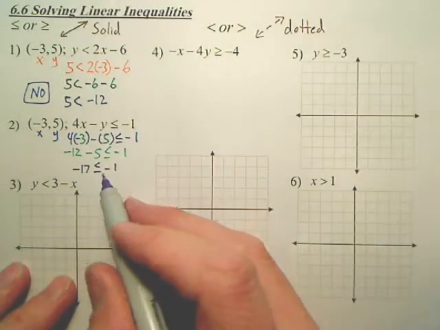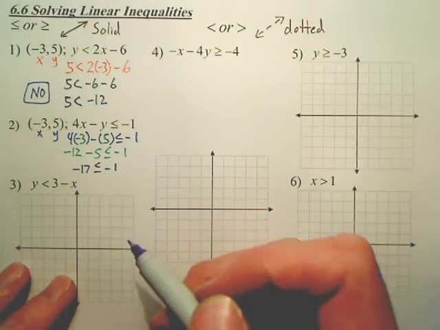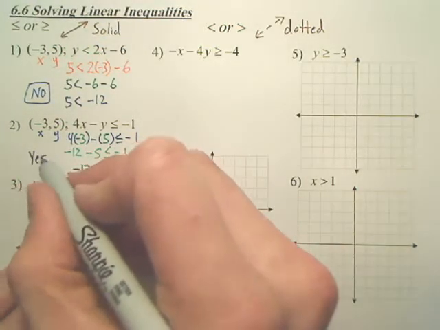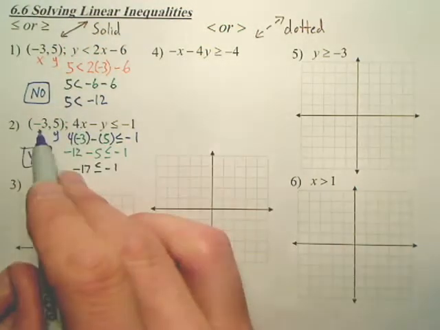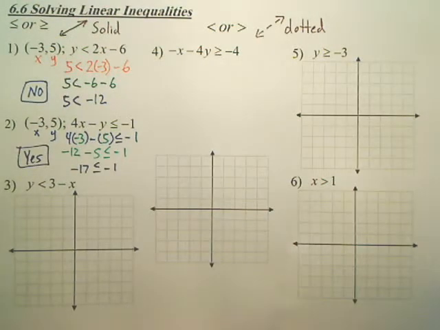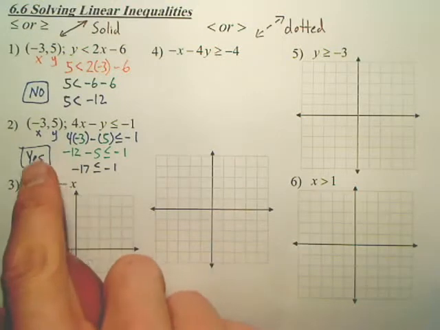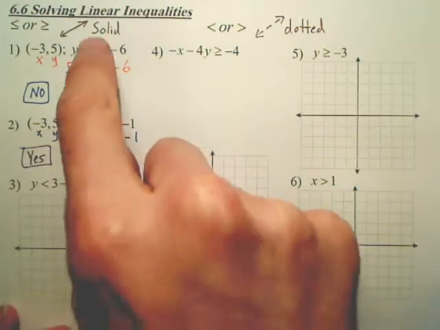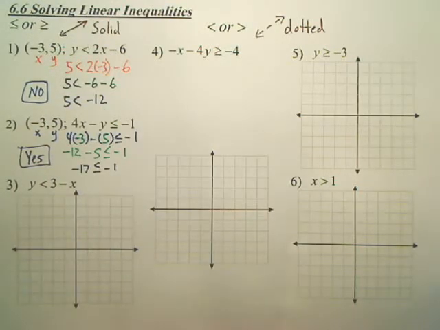Is -17 less than or equal to -1? Yes. So -3, 5 is a solution for this one. Those are pretty easy problems, but a lot of people miss them. All we're doing is plugging the coordinate into the equation to see if it's true or false.